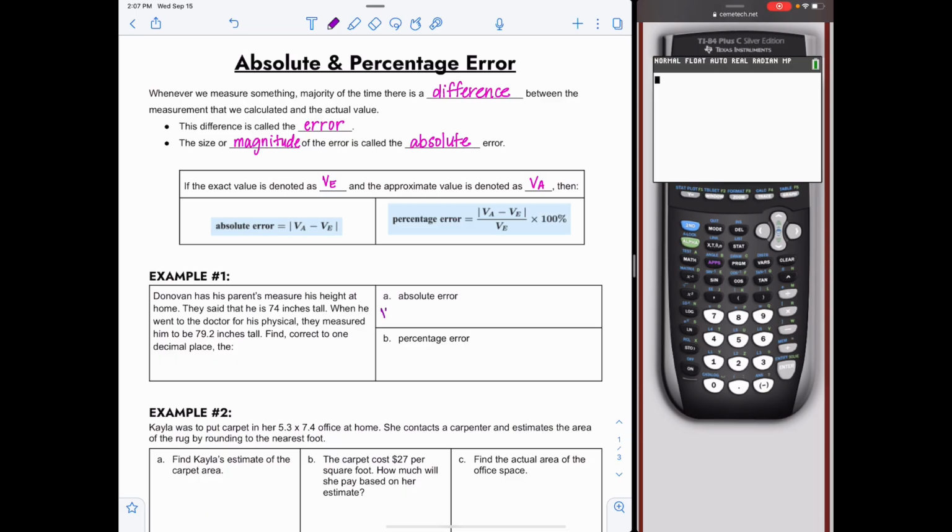So your V sub A is the approximate height, which is what his parents measured him to be, which is 74. And the V sub E, which is the exact, is going to be what the doctor measured him to be, which is 79.2.